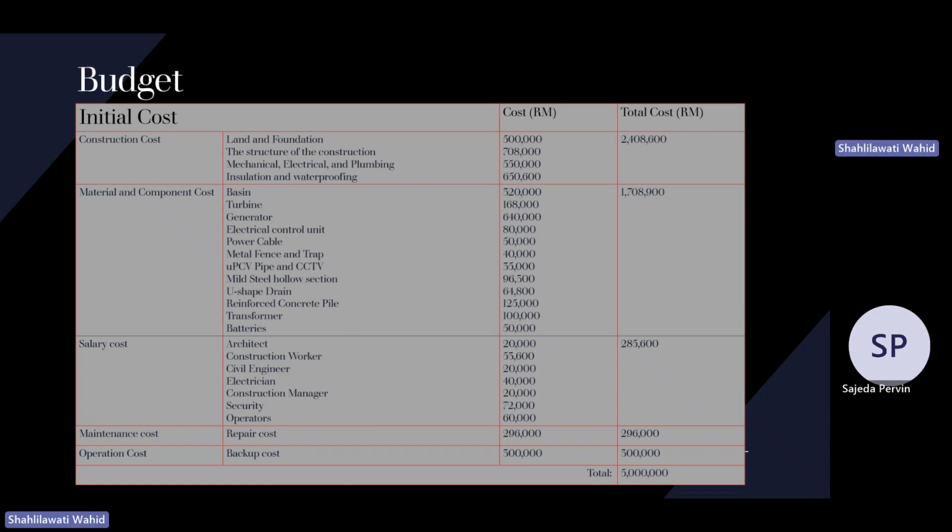And there will also be the material and component costs, which include a basin, turbine, generator, electrical control unit, power cable, wooden fence and trap, UPVC pipe and CCTV and others. And it is 1,708,600 ringgit.